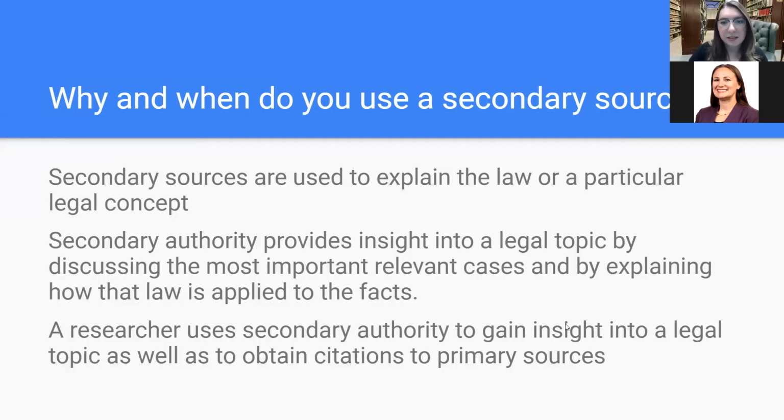It provides insight into a legal topic by discussing the more important relevant cases and by explaining how that law is applied to the facts. A researcher uses secondary authority to gain insight into a legal topic, as well as to obtain citations to primary sources. So that's a good point to make in legal research. If you're starting out with a secondary source, that can help you with your legal research by leading you to relevant primary sources.